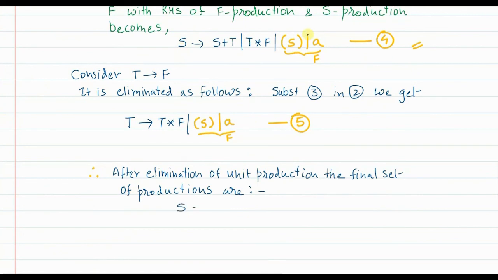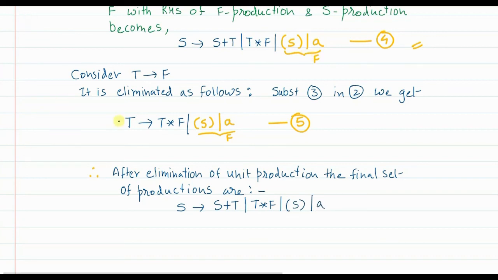So S gives S plus T or T into F, or bracket S, close the bracket, slash A. So this is one production.